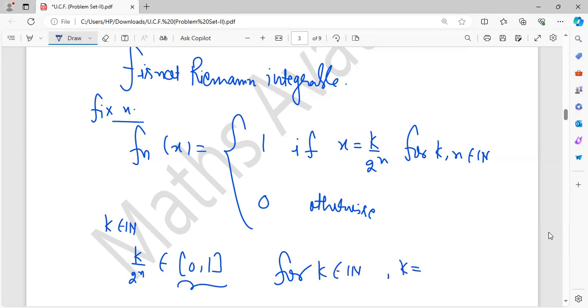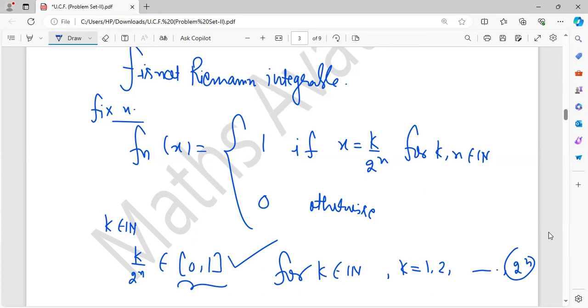I can take k equal to 1, 2, up to 2 to the power n. If I go larger, k equal to 2 to the power n plus 1, it will not be an element of this. It means at how many points can f_n be discontinuous? Only finitely many points, up to 2 to the power n points.